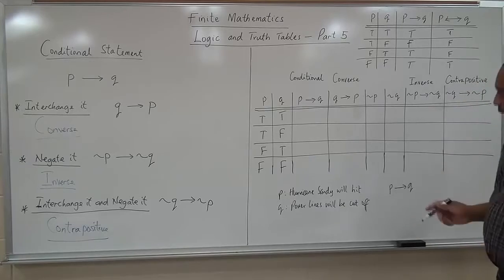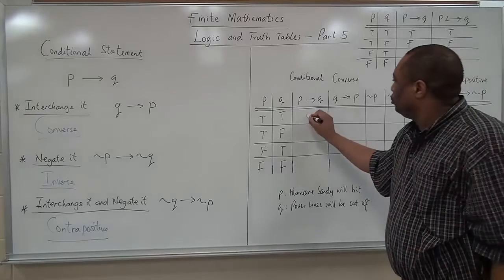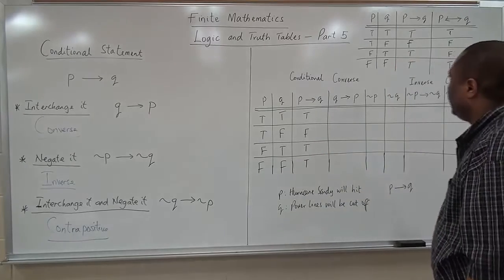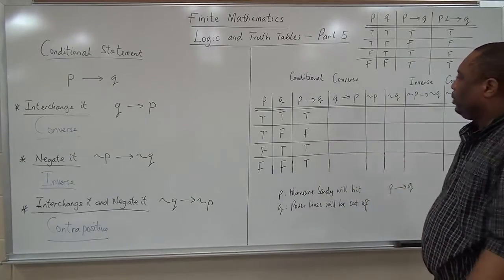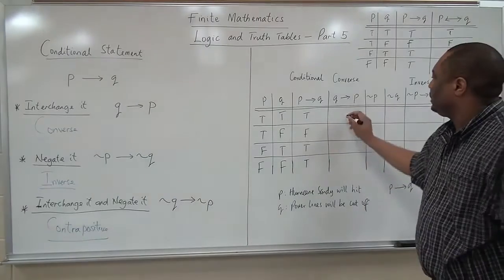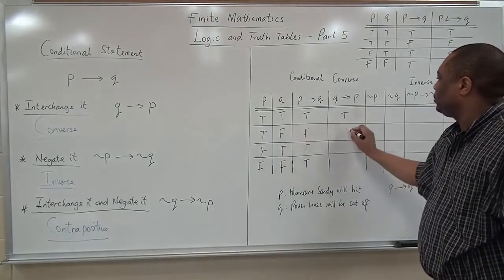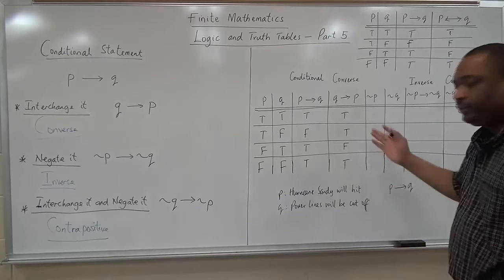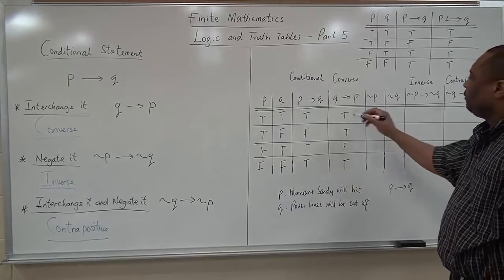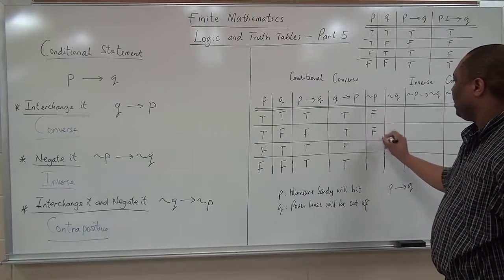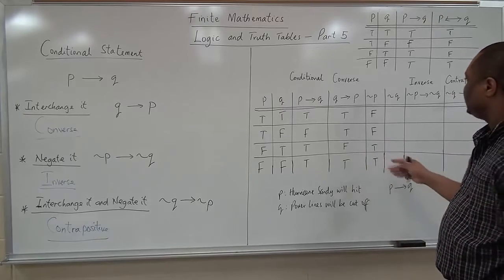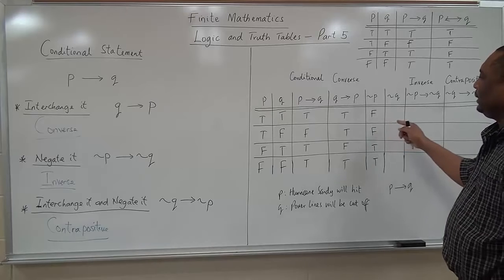Now let's look at them. So this will be true, this will be false, this will be true, and this will be true. Here, Q implies P: T implies T is true, F implies T is true, T implies F is false, F implies F is true. In this case, negation of P is F, F, T, T. Please view my previous videos, you will understand it.